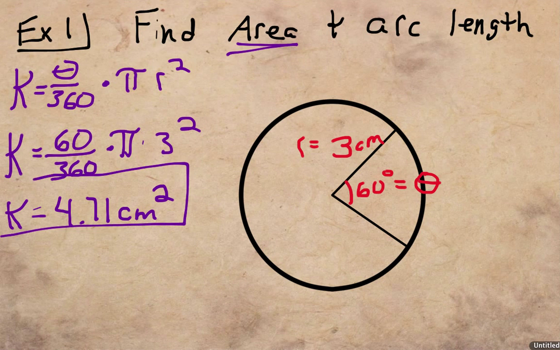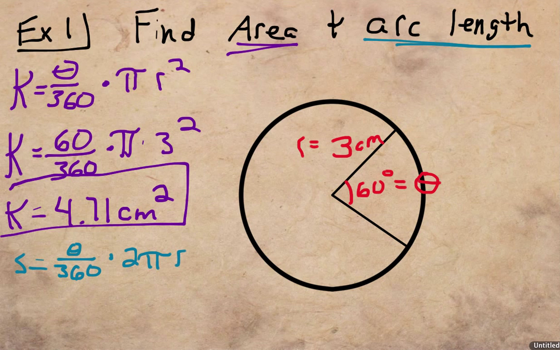Alright, now we can figure out the arc length, which I'll do in blue. Okay, arc length in blue, which is quite nice. You could easily use the other formula, theta over 360 times 2 pi r. Guys, don't be afraid to use 3.14 for pi or the pi button.